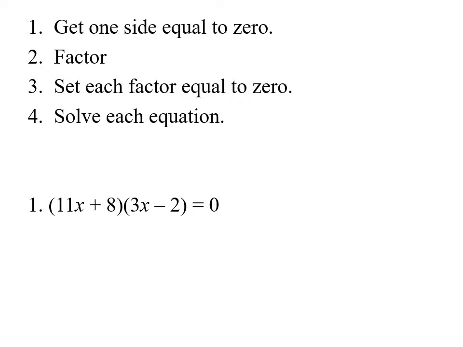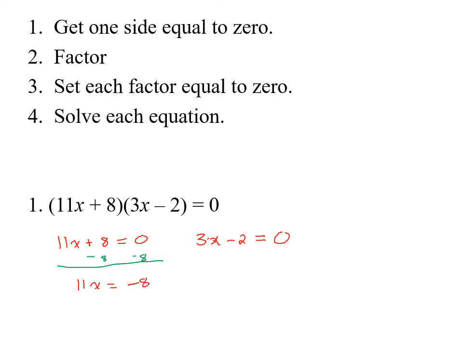So all you have to do is set each one of these equal to 0. And then you have linear equations, much like what we had back in chapter 1, that you just have to get the x by itself. Subtract the 8 from both sides and get 11x equals negative 8.